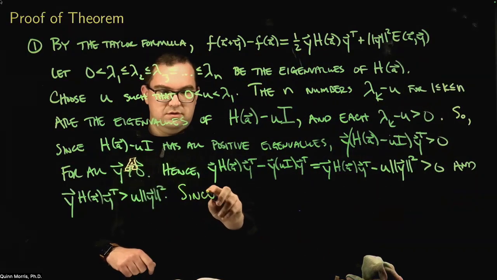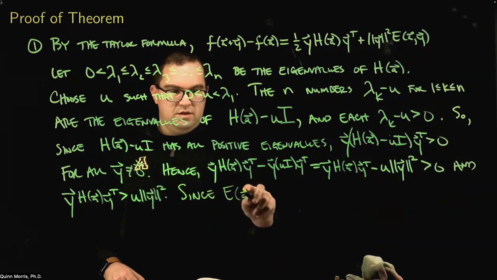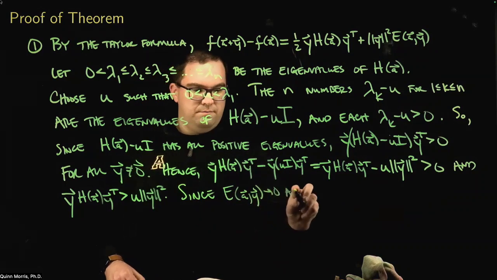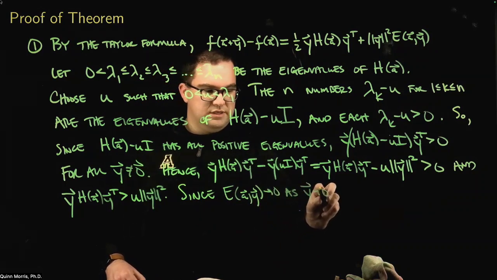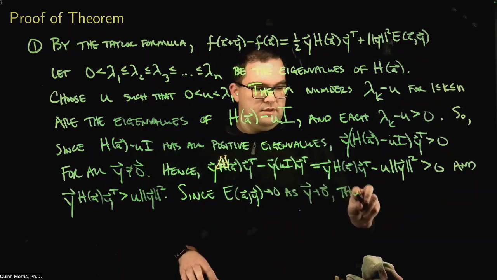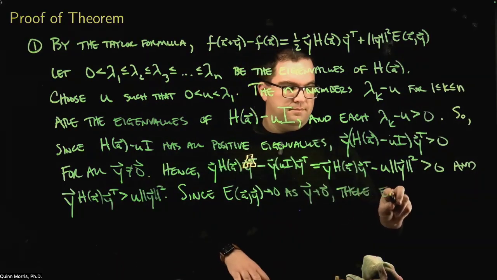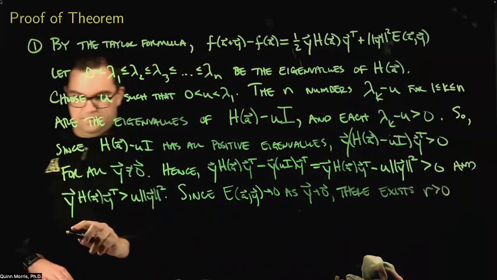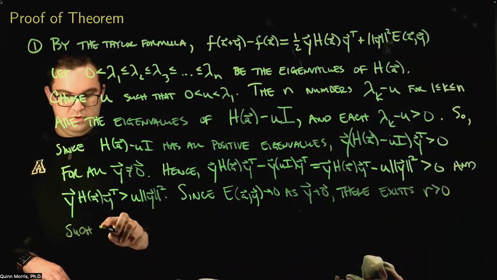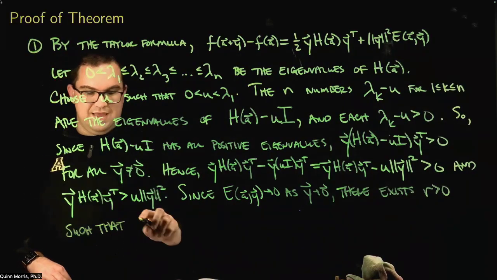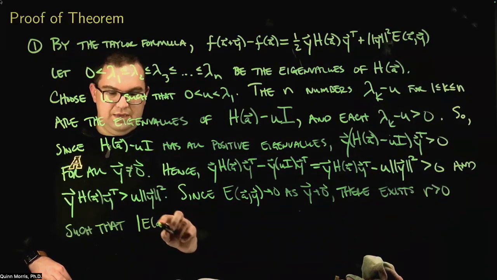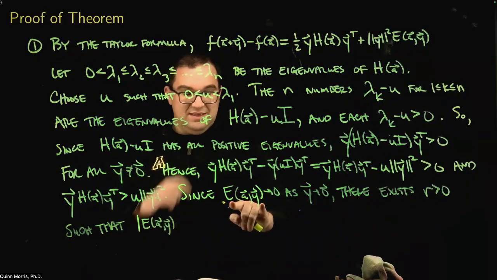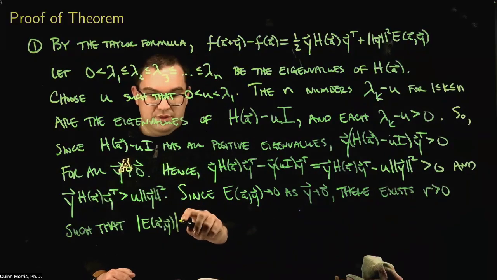Okay, so let me explain how I'm going to do that. So since e of ay goes to 0 as y goes to 0, there exists some r greater than 0 such that the absolute value of e of ay, so since this is going to 0, I can make this in absolute value as small as I would like.